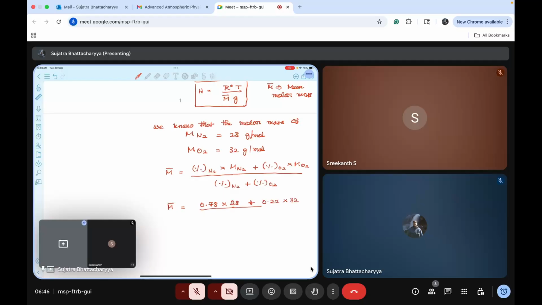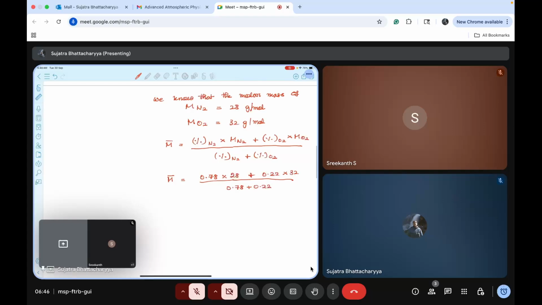And if you write in the denominator, it's 0.78 plus 0.22, which will give you 1. So finally, you are just going to calculate the numerator, 0.78 into 28 plus 0.22 into 32, divided by 1.